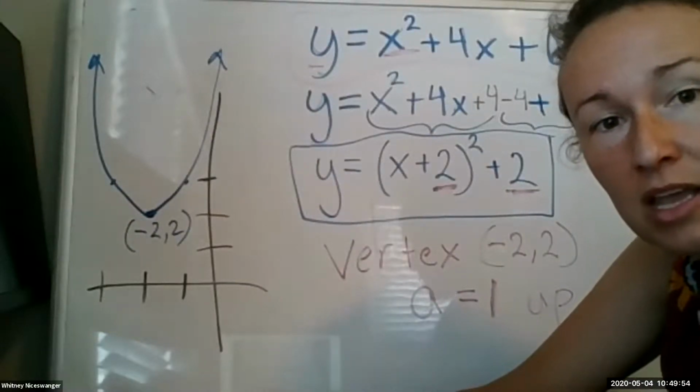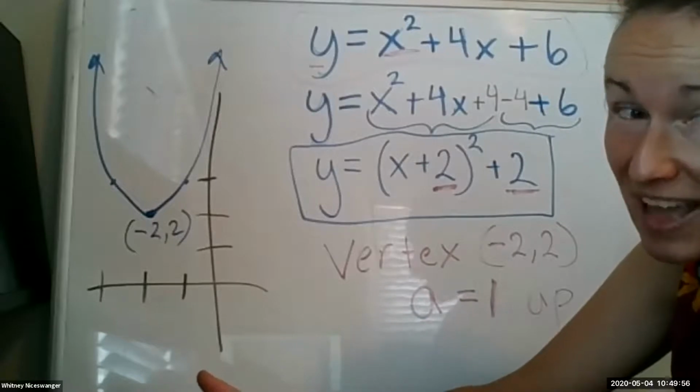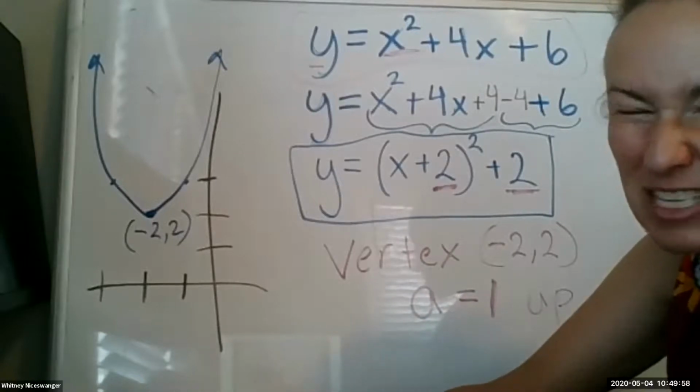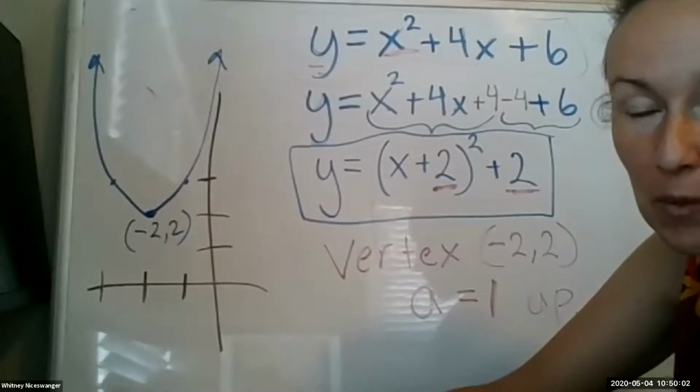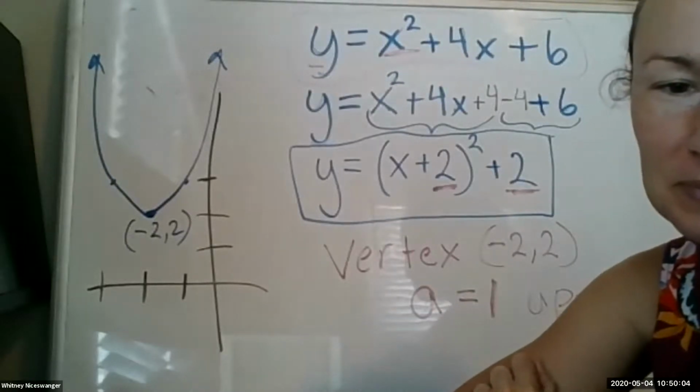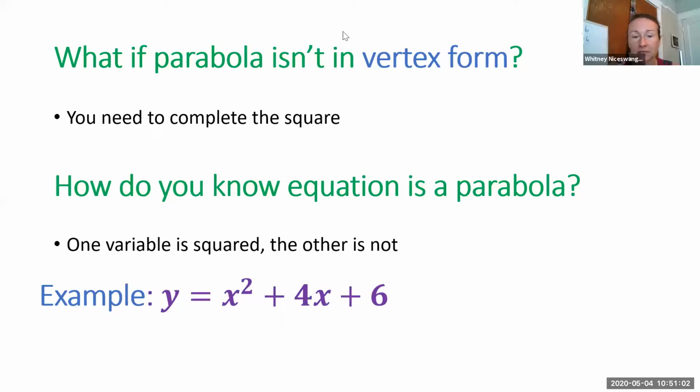Okay. Hopefully you guys remember doing that. That's, what is that, chapter 11, okay? All that quadratics, chapter 11. All right, so now you know if the parabola isn't in vertex form, you got to complete the square.